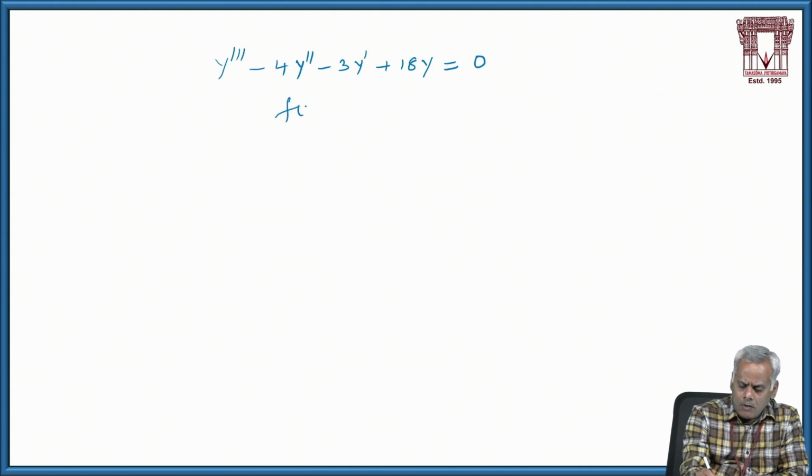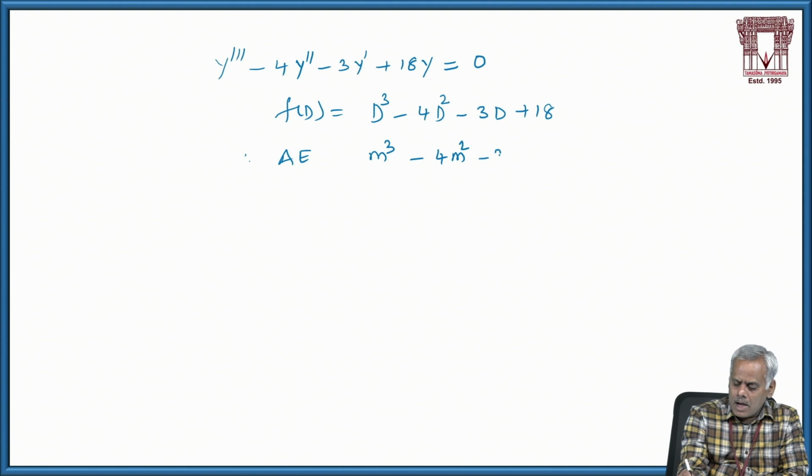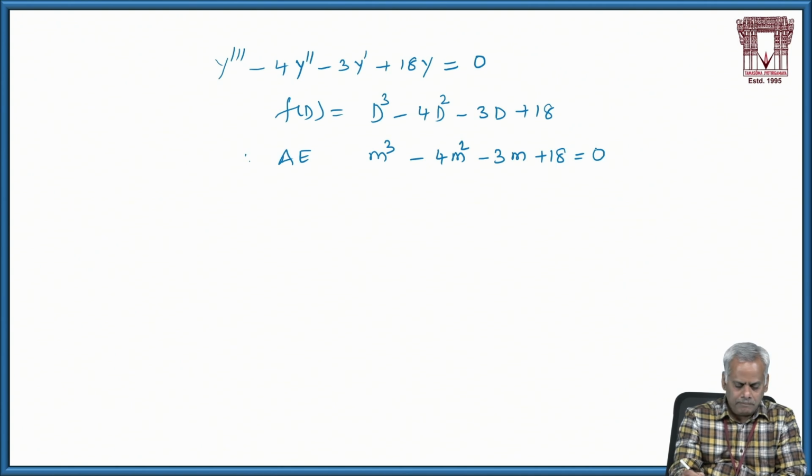So here f of D is D cubed minus 4D squared minus 3D plus 18. Therefore, the auxiliary equation is m cubed minus 4m squared minus 3m plus 18 is equal to 0.